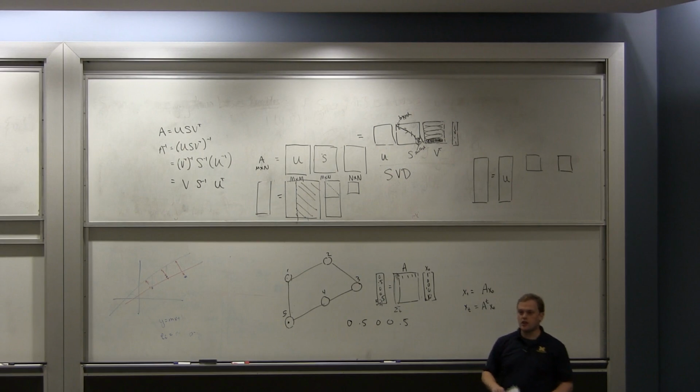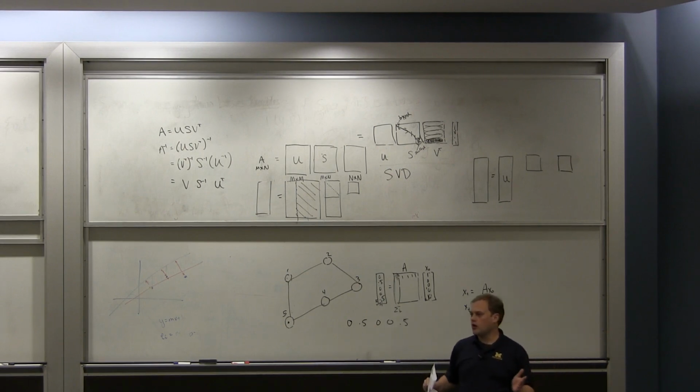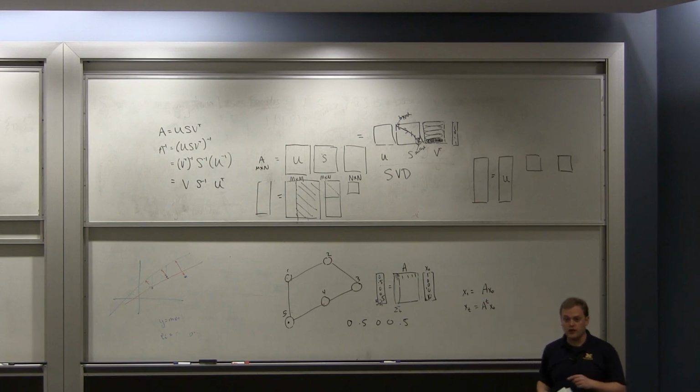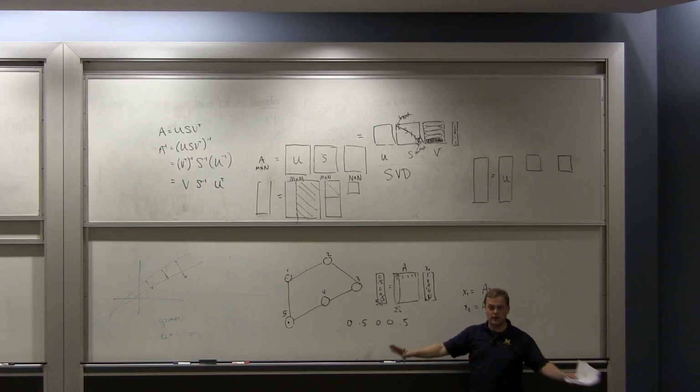Is it going to start sloshing around ever more violently and randomly, or is it going to converge to something? Not necessarily. A simple counterexample would be if I had this all-absorbing black hole state, then A to the infinite power times x0 is going to be 1, 0, 0, 0, 0. It's not necessarily going to blur out the probabilities uniformly.